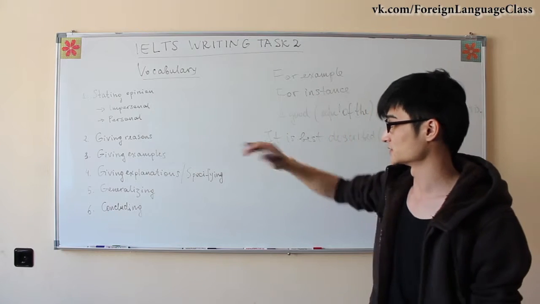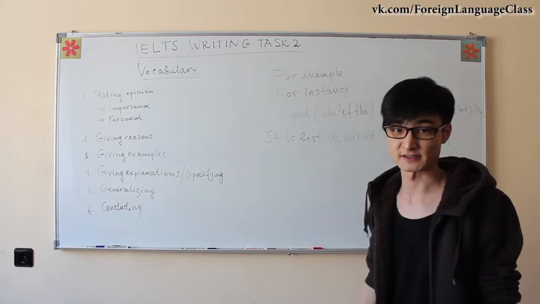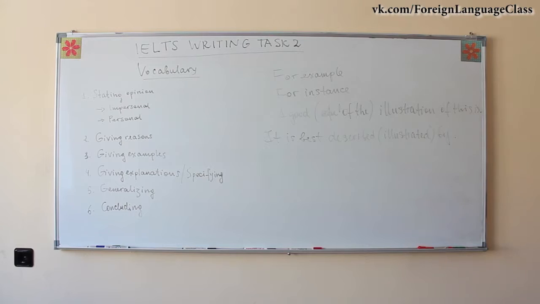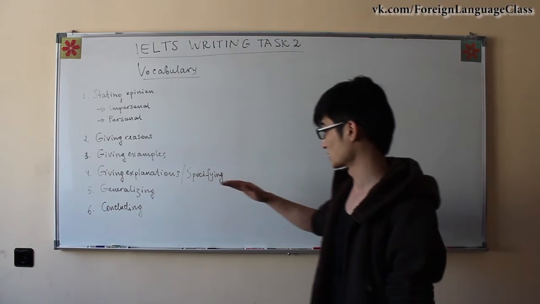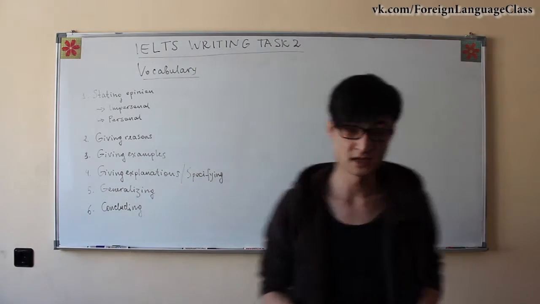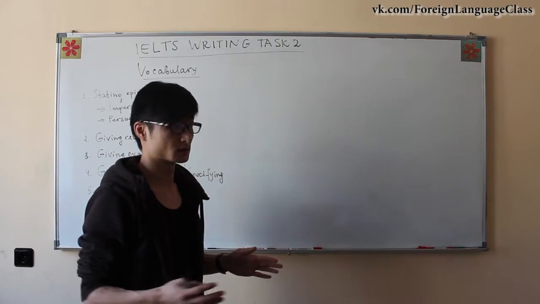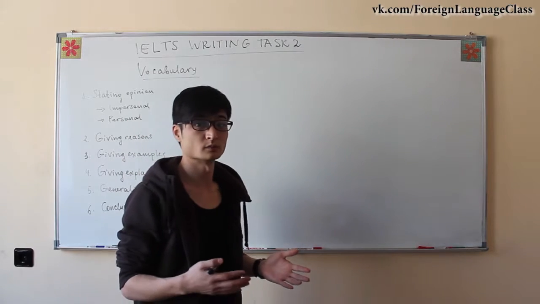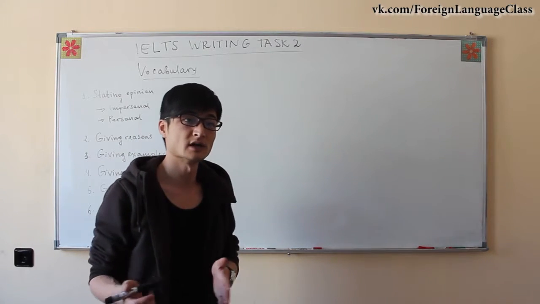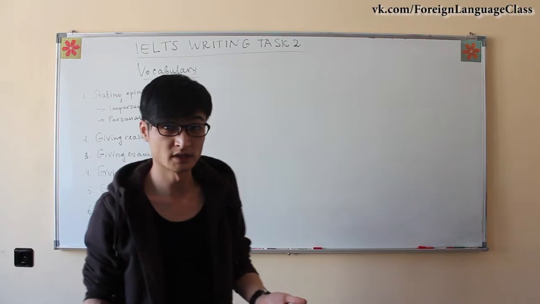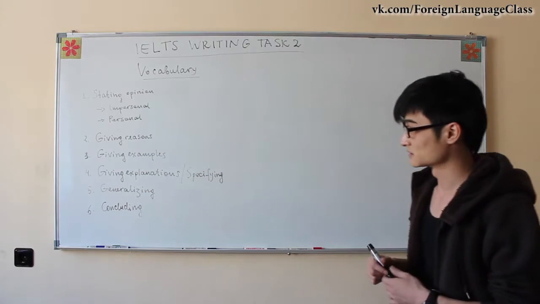Now let's proceed to giving explanations or specifying. Let's start with the explanations. When you want to explain something, an idea which may not be clear for a reader, or your own opinion, your own idea, it's best to give some explanation.